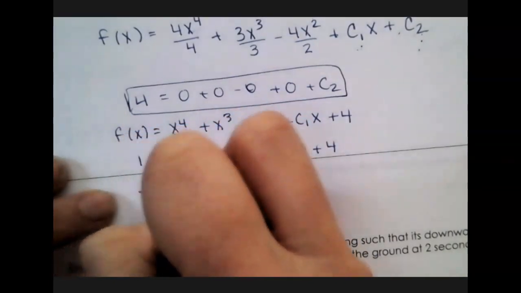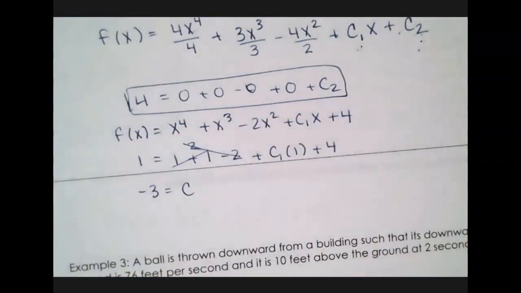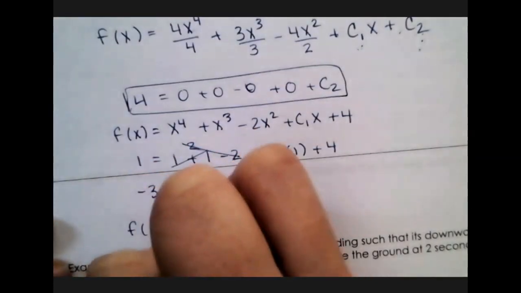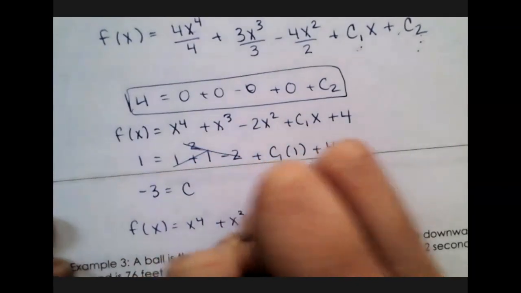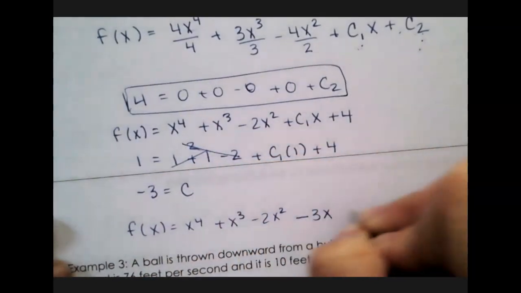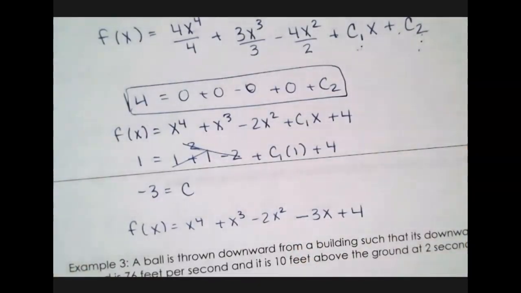So we get negative 3 equals C1. So C1 is negative 3, which means my f of x is x to the 4th plus x cubed minus 2x squared minus 3x plus 4.